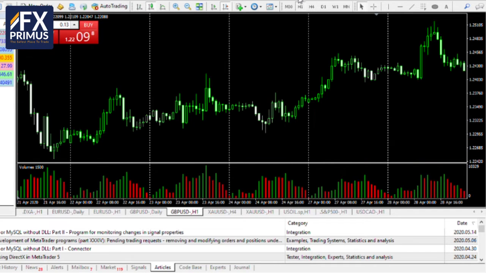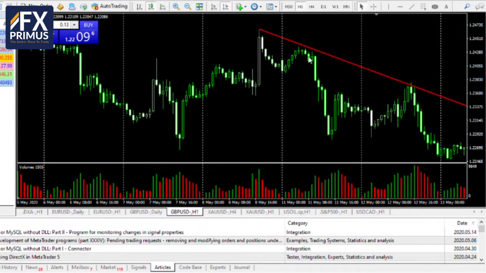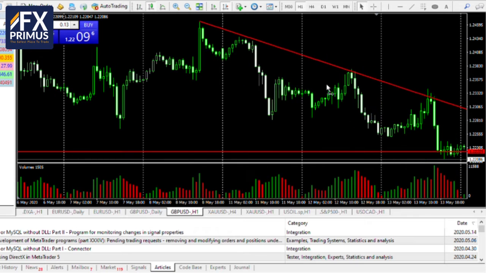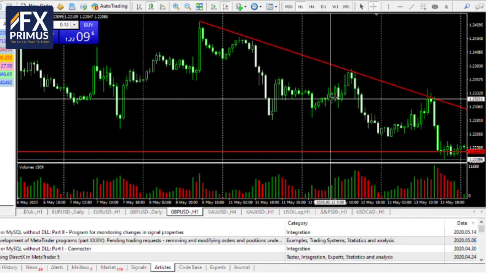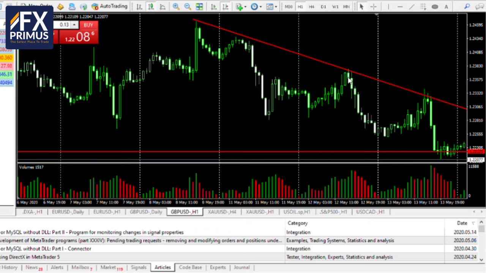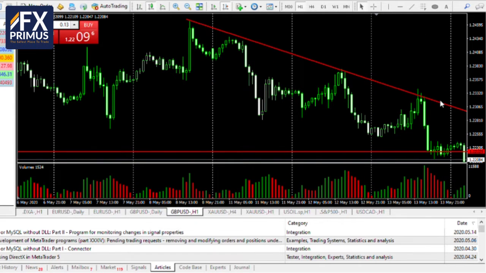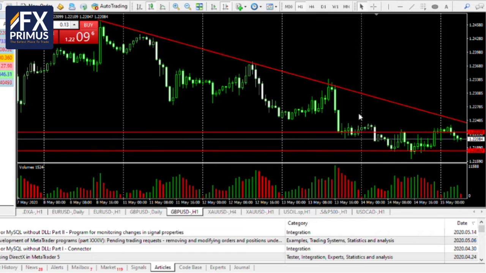But again, a lot of the action has already occurred early in the week from Monday. You can see it breaking down. Tuesday again going up, but then it touched this resistance, and of course it continues to go down, comes back up again, touches the resistance again, and continues to go down again.